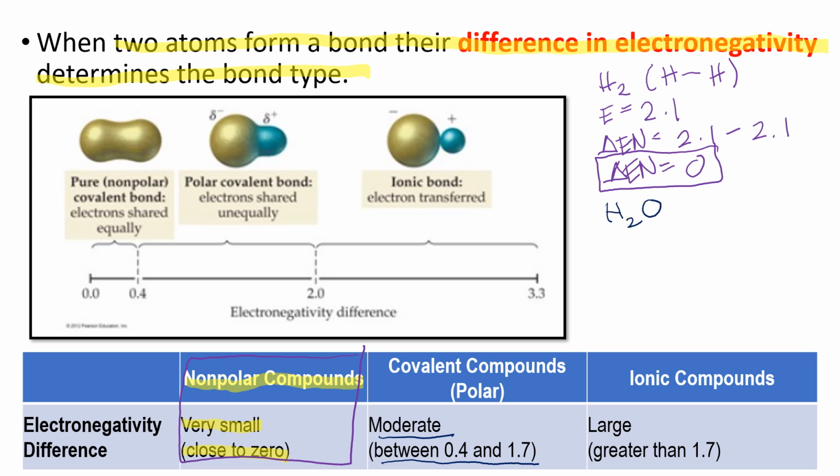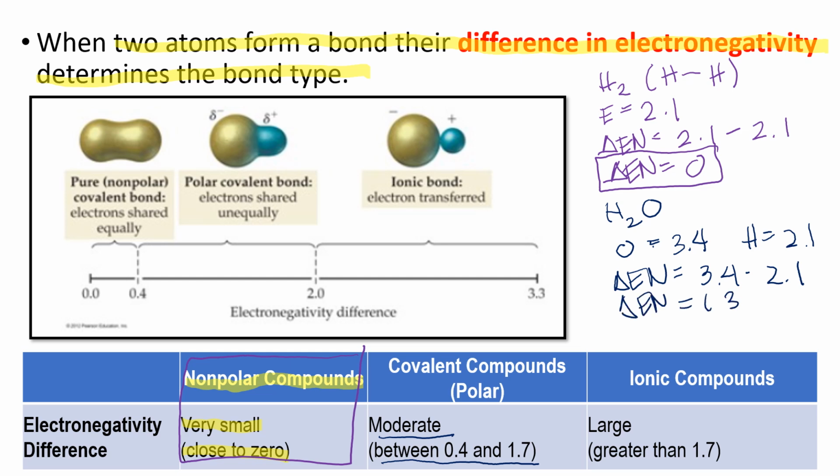Since the electronegativity of oxygen is 3.4 and for hydrogen it is 2.1, the electronegativity difference for oxygen and hydrogen is 3.4 less 2.1, which is about 1.3, and that is between 0.4 and 1.7. That means water is a polar covalent compound.